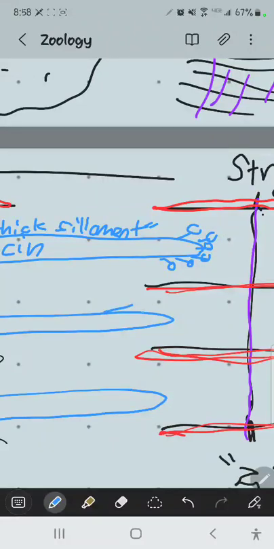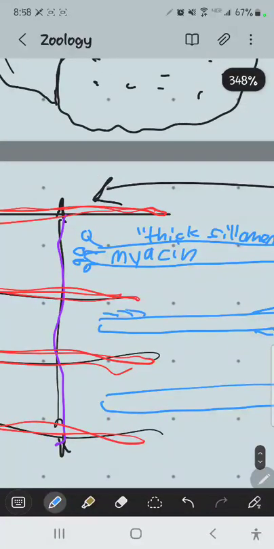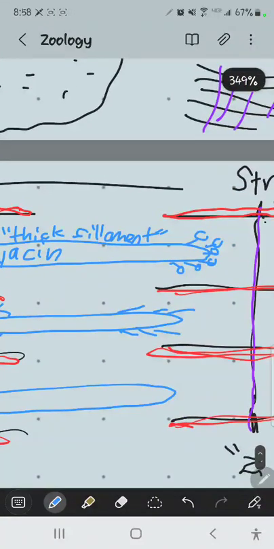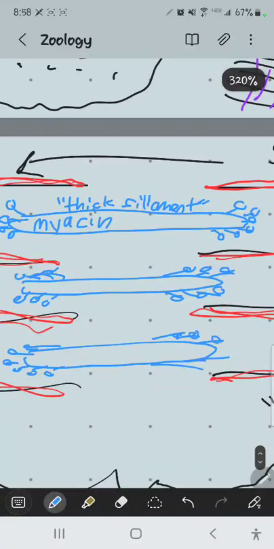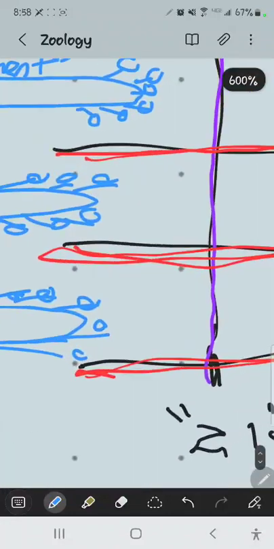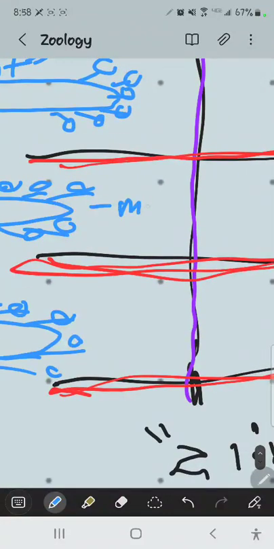Okay, so these are called myosin heads. And they're basically at each end of this myosin thick filament fiber, and that's how they terminate.